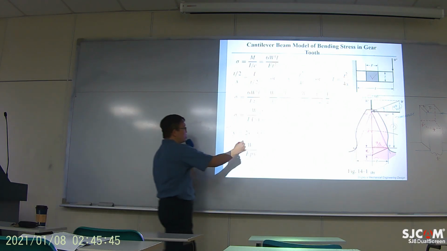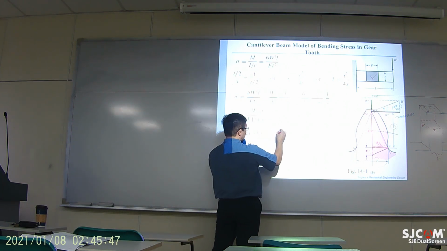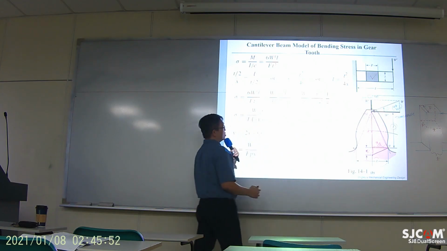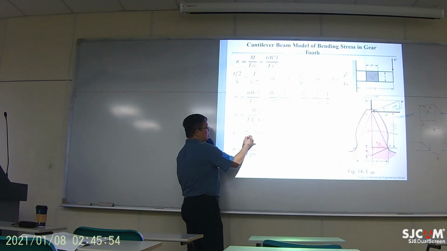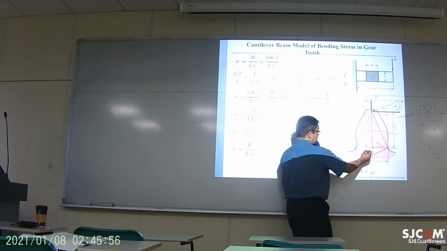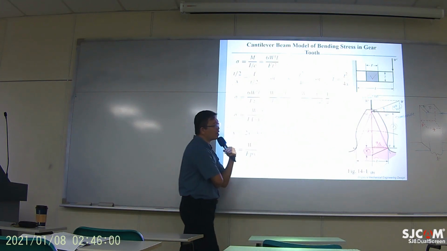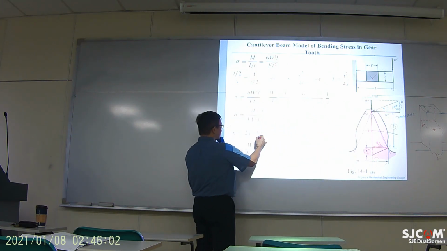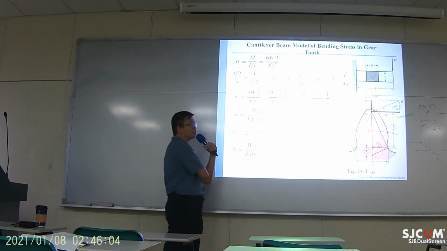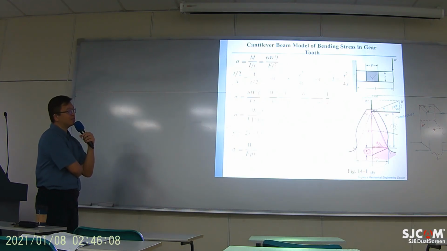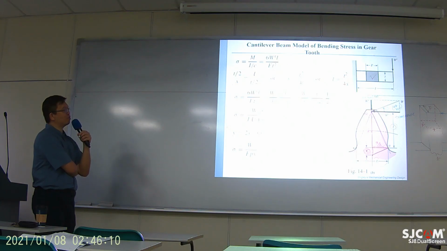This is dimensionless because x is basically some geometrical length, and p is the circular pitch, also in the unit of length. So length over length, that's dimensionless.